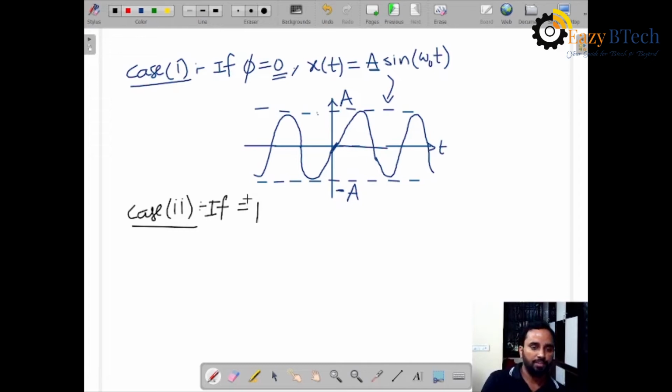If phase is positive, how is the waveform?